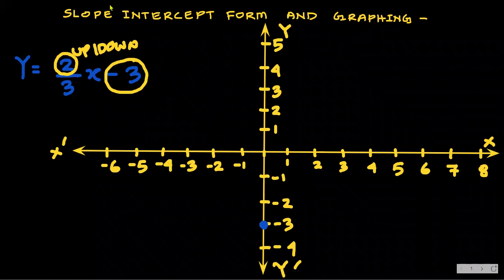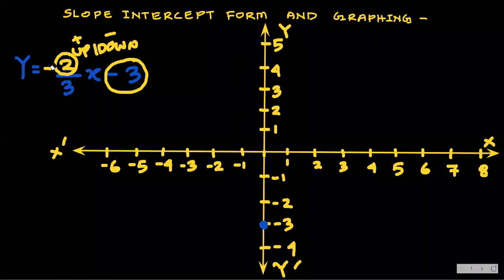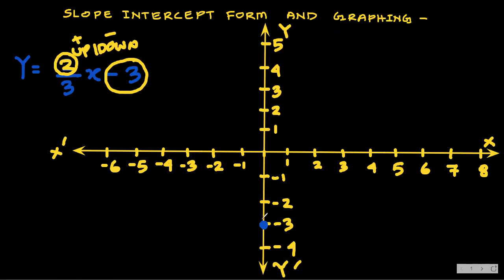How to decide whether we are going upward or downward? It depends on the sign. If the number is positive, so +2 is a positive number, we should go 2 units up. If it was -2, then we should go 2 units down, right? Now it's a +2. So from the y-intercept -3, we should go 2 units up. 1, 2, here.